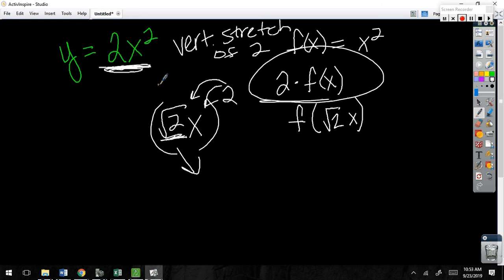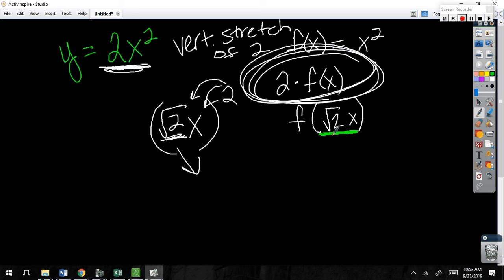Because it's multiplied to the front, it looks like this, 2 times f of x, instead of the f. But if it's multiplied only by the x, if I needed it that way, I could also write it here, which would be a horizontal shrink. Which is still, a horizontal shrink and a vertical stretch are the same thing, okay?